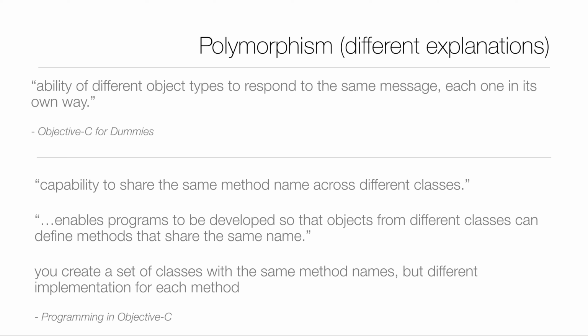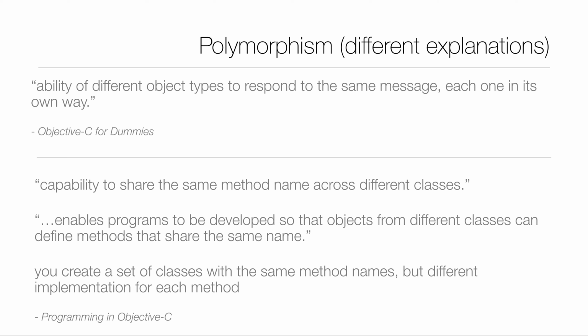On a higher level, you can think of it as the object just responding differently because it's something different, but remember that the code for that method is different. So what it comes down to is that you can have the same method name, but a different implementation for each method. That's what it boils down to.